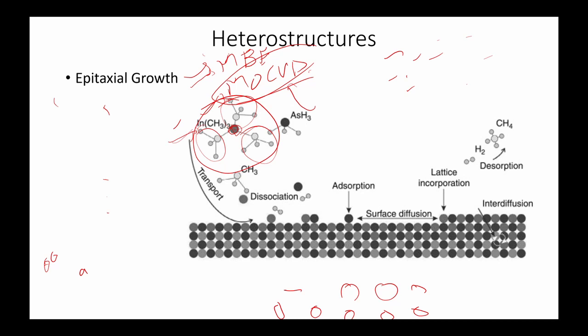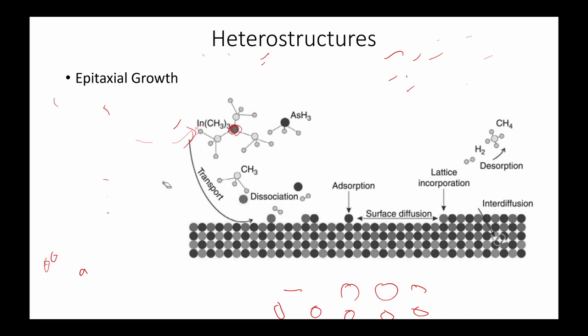So there are different organic compounds, with which indium will react. So there will be layer by layer growth. Let us say this is the substrate, or there is already grown indium.